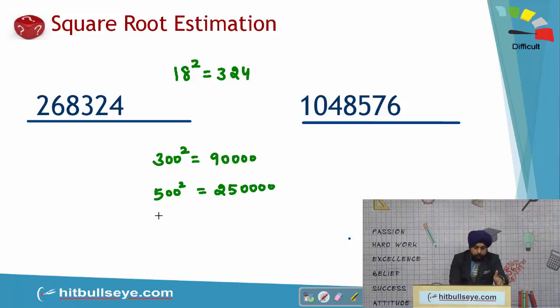Now firstly we decided that 18 is already involved. Now it is a little more than 500. You can make a guess here, students, 518. The moment you apply the shortcut of 250, adding 18 in 250 gives you 268. And then on the right hand side, you already have 324. Answer is 518. And the last question here, students, you can see 576, which is the square of 24.